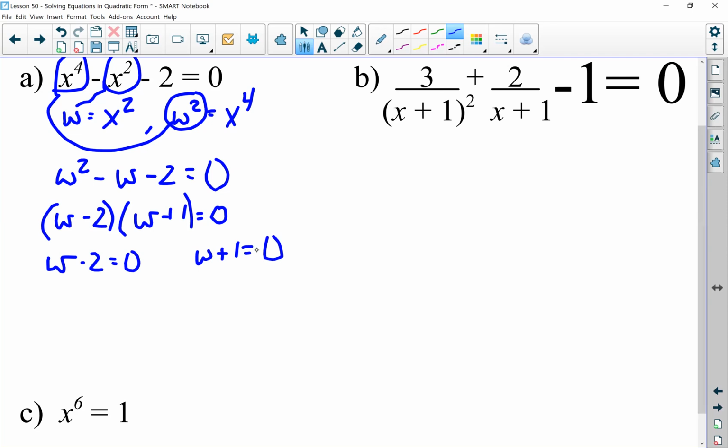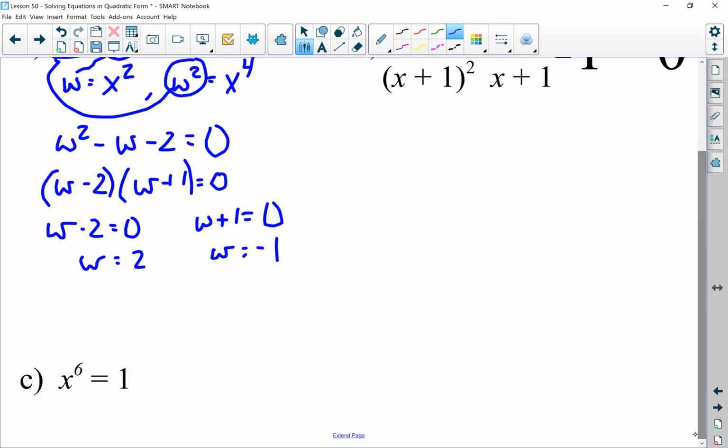And if I solve that, I get w equals 2 and w equals -1, but I really don't want to know what w is. I want to know what x is. So now I have to substitute back. And w was the same as x squared. So this is x squared equals 2, and x squared equals -1.